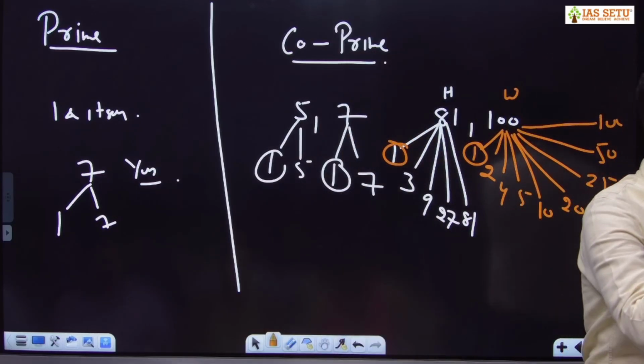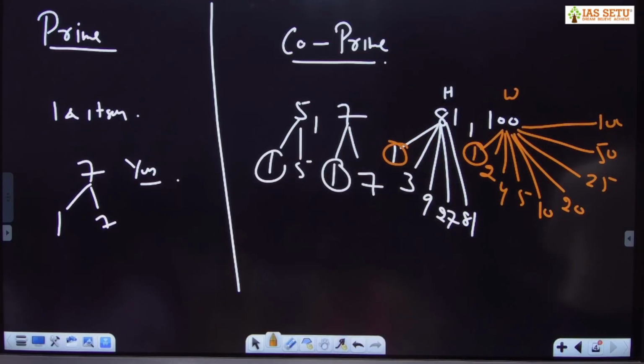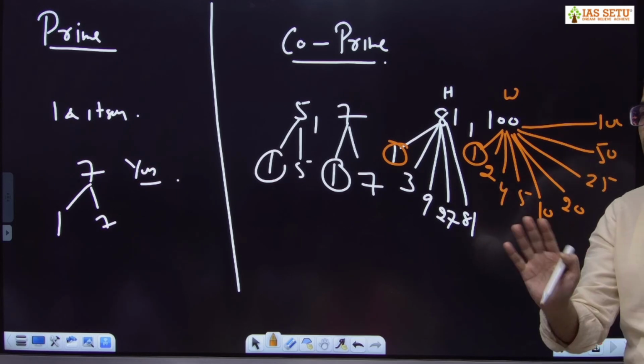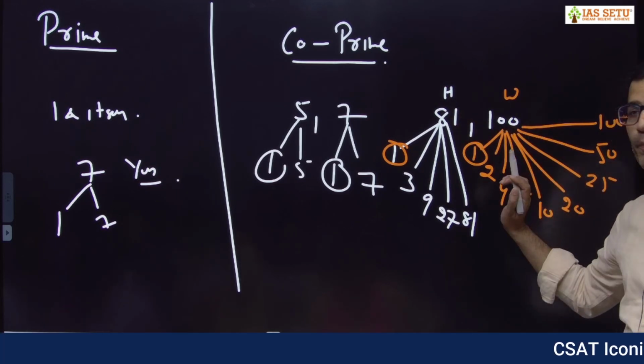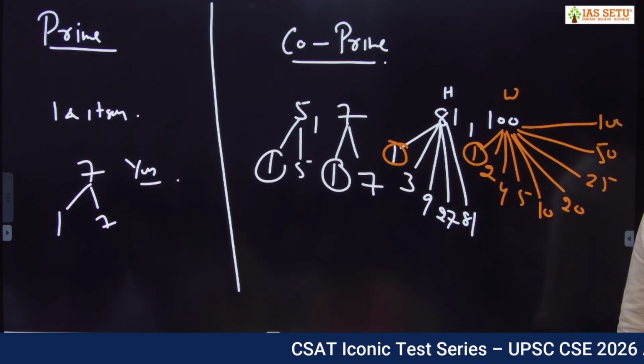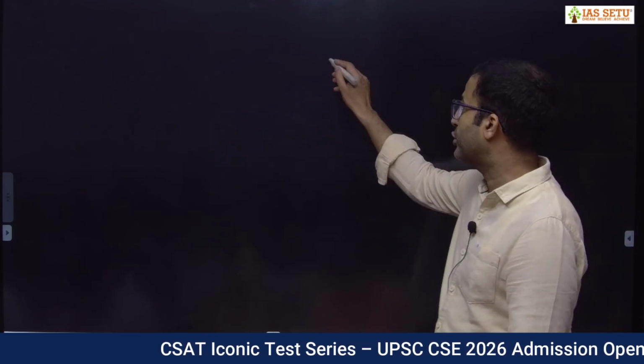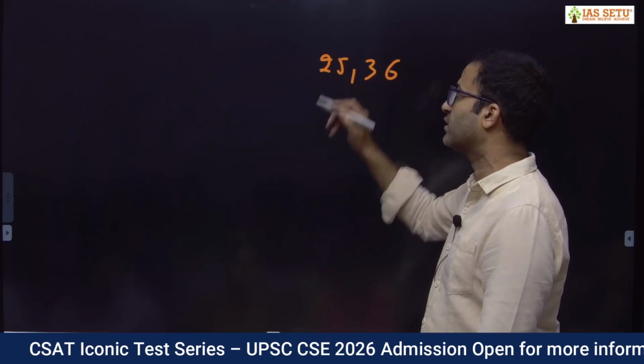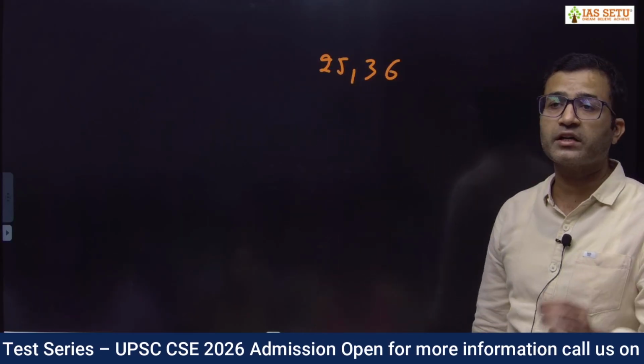See here, any two natural numbers can be co-prime provided that they have only one as a common factor. Even composite numbers can also be co-prime. I'm not saying they are prime, I'm saying they are co-prime. But what is the condition? That they should have only one as a common factor. Like here, 25 and 36. What are the factors of 25?